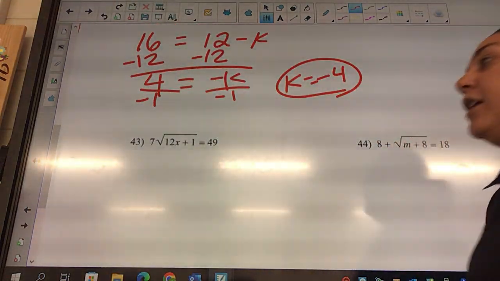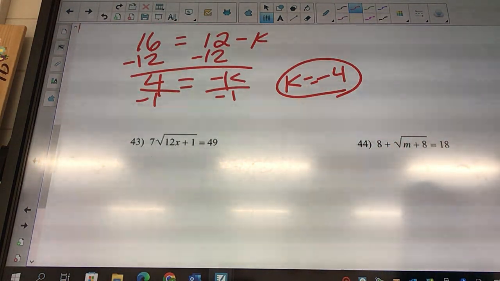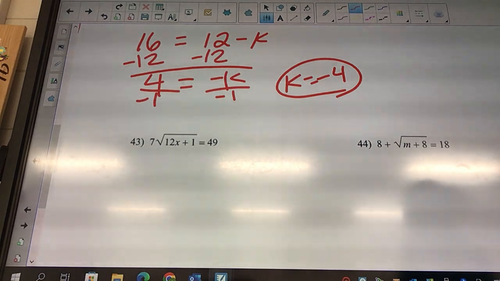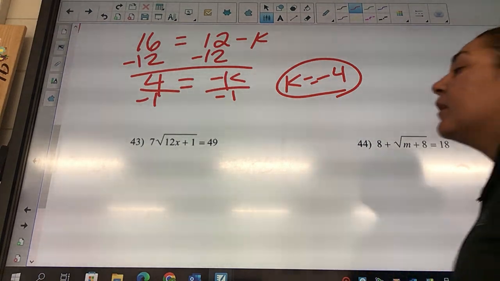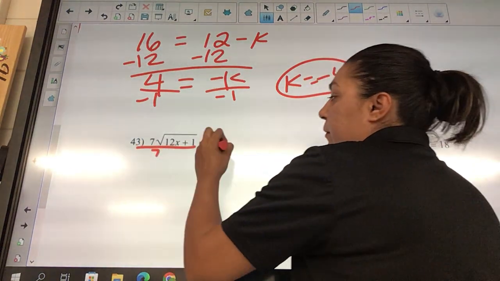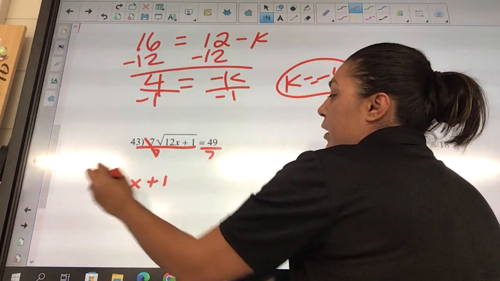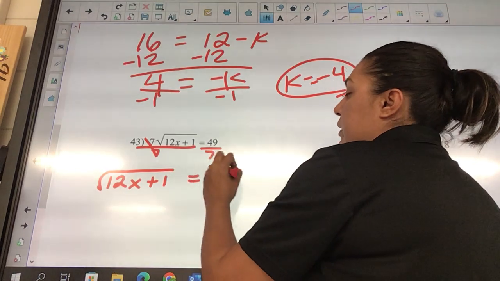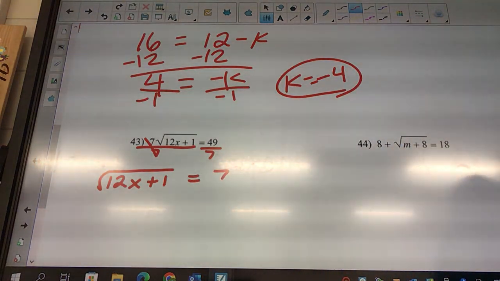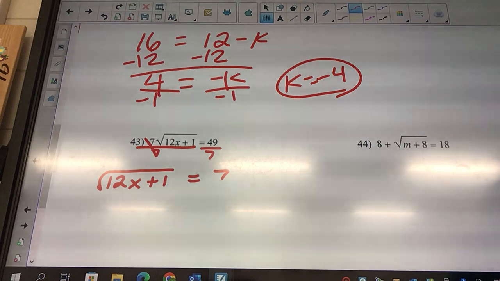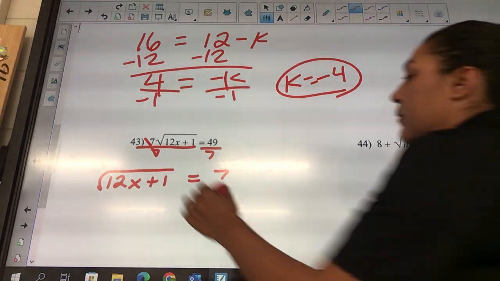Okay, this is the last one. What needs done first? Minus 7. Divide by 7. Okay, so I'm gonna get 12x plus 1 equals 7. Then what? Square.